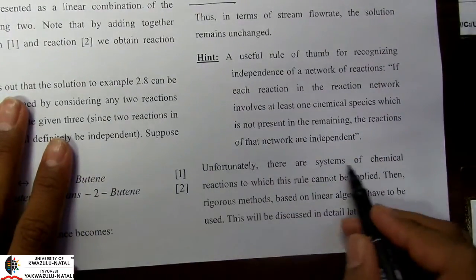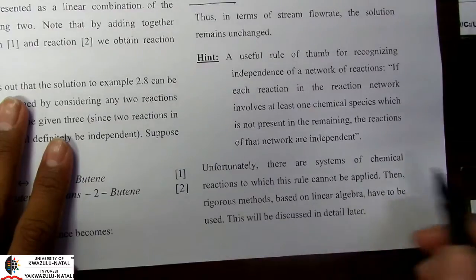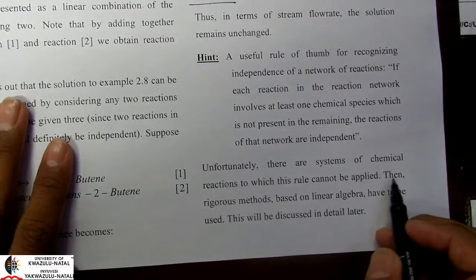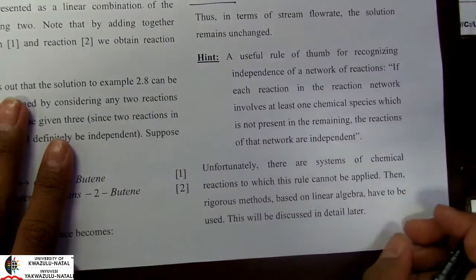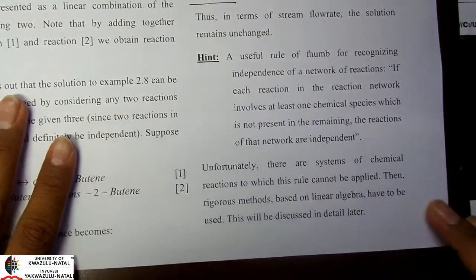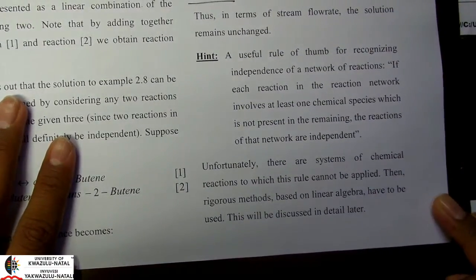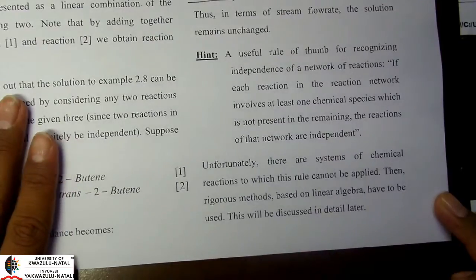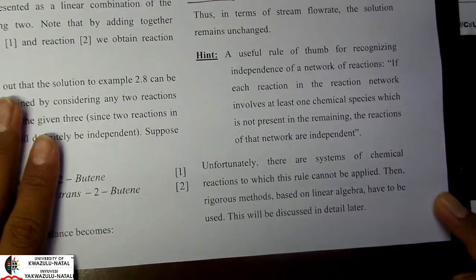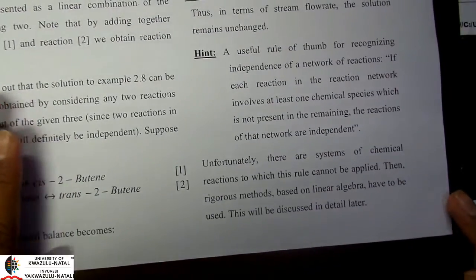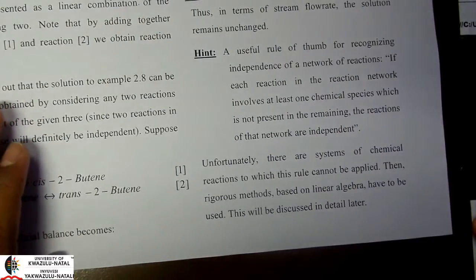So there are systems of chemical reactions to which we cannot apply this rule, and we will need more rigorous methods based on linear algebra to actually establish how many reactions or which reactions are independent. Okay, and this will be discussed in a later section.